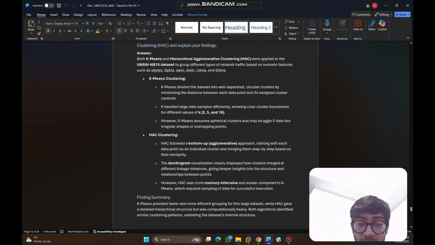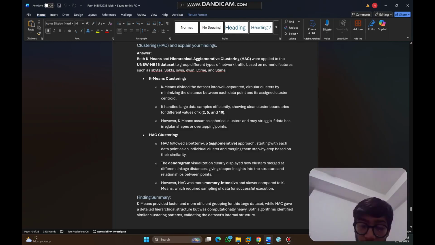However, k-means assumes spherical clusters and may struggle if the data has irregular shapes or overlapping points. HSE clustering follows a bottom-up approach, starting with each data point as an individual cluster and merging them step by step based on their similarity. The dendrogram clearly displays how the clusters merge at different linkage distances, giving deeper insight into the structure and relationships between the points.